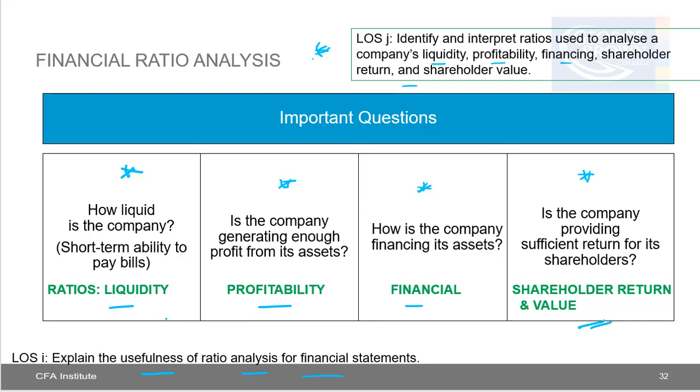For each, they give you a couple of different examples. It's not fully comprehensive by any means, but there's 2 or 3 ratios for each category, and you have to understand why it's useful, and to identify and interpret the ratios a little bit. Are things getting better or are things getting worse based on the ratio?